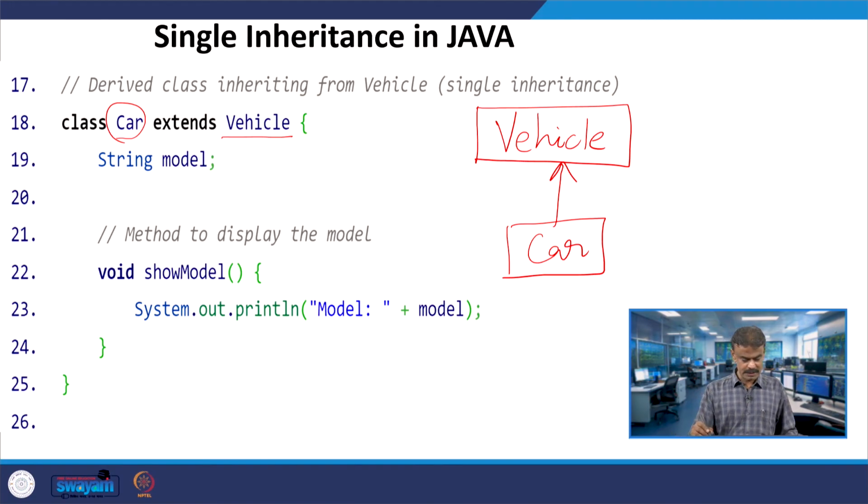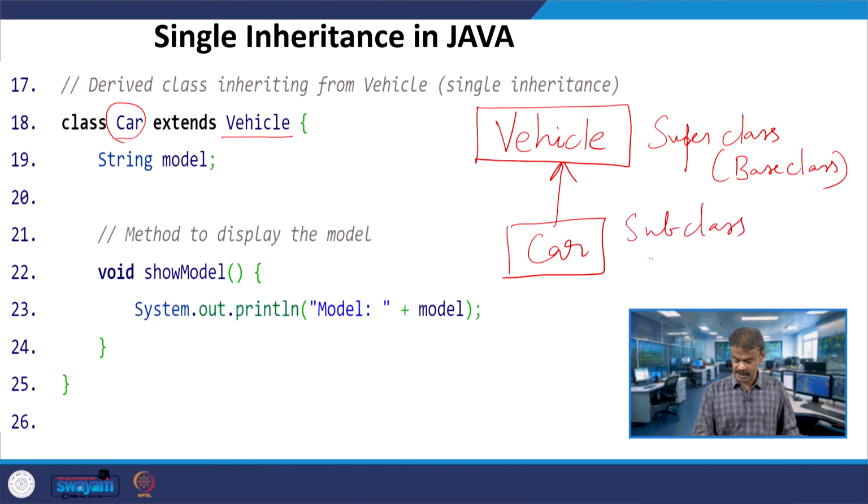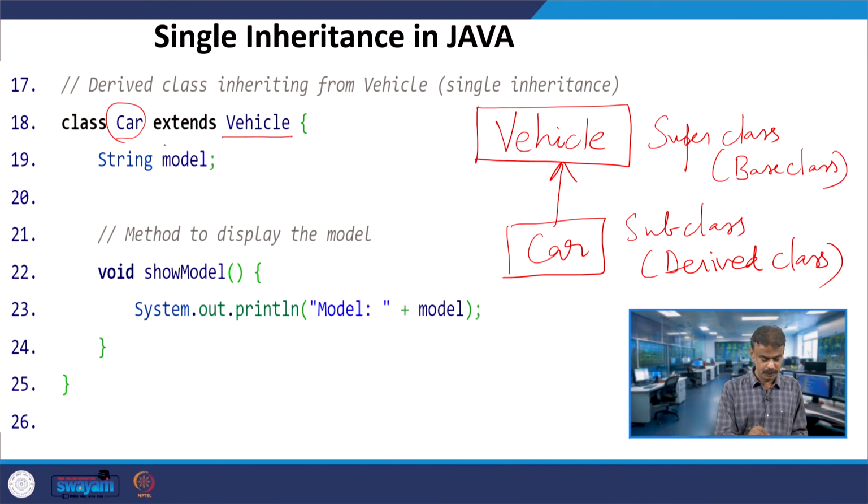In Java you call it a superclass, which is the same as base class, and car is a subclass in Java. What we studied in C++ as a derived class. Here you use class car extends vehicle.